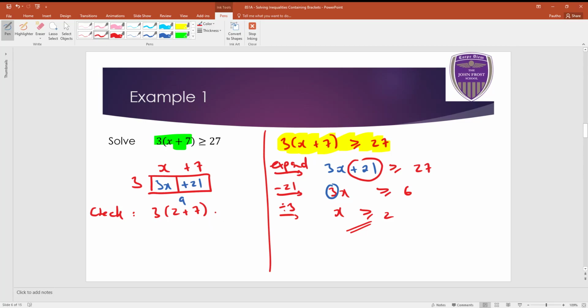And 3 times 9 is 27. And that's great, okay? It works because when x is 2, I get exactly 27. But my x is at least 2. So I will get either 27 or more than 27, which is what I wanted. So I'll give it a tick and I am done.